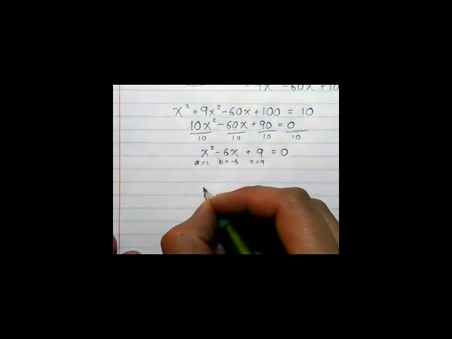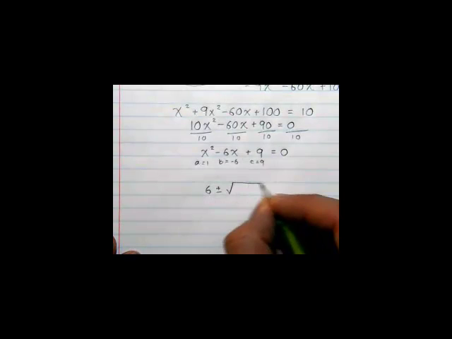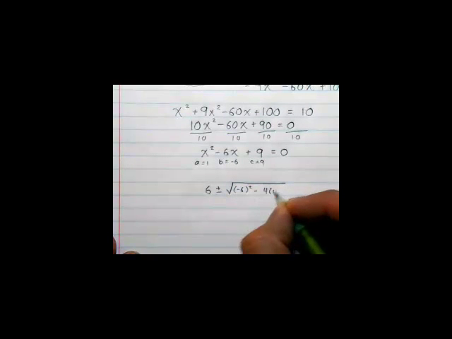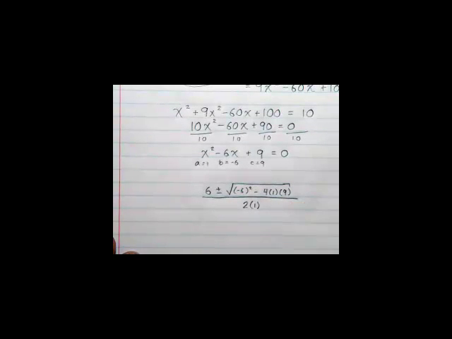So, negative b would be positive 6, plus or minus the square root of b squared, negative 6 squared, minus 4ac, divided by 2a, or just 2.